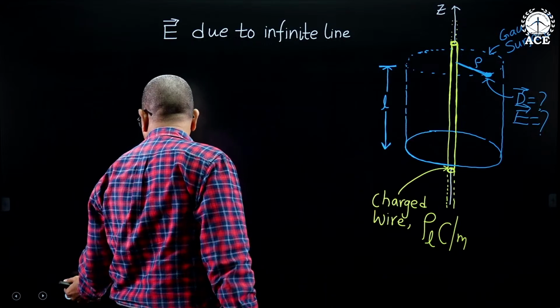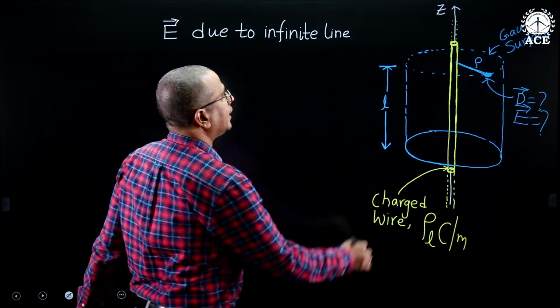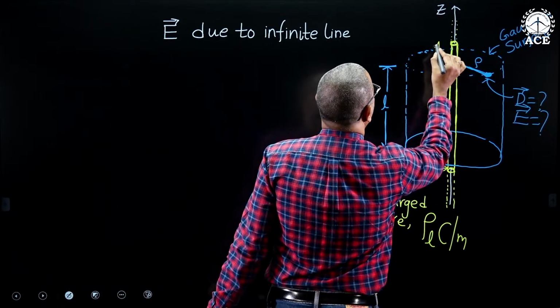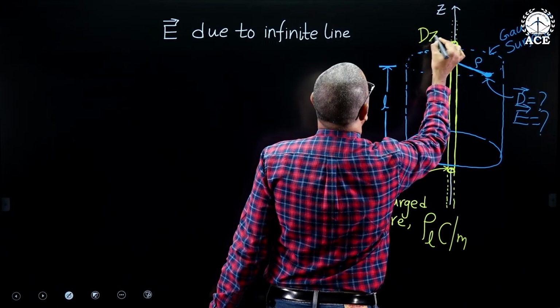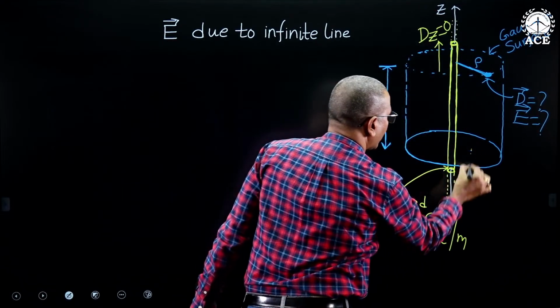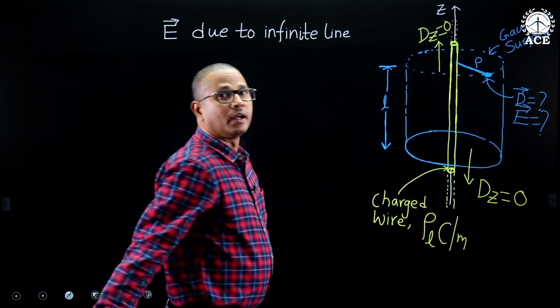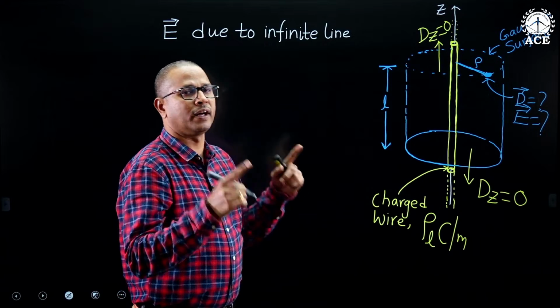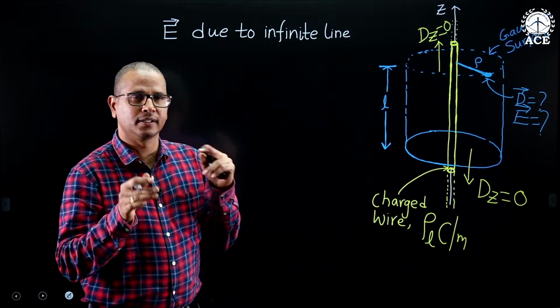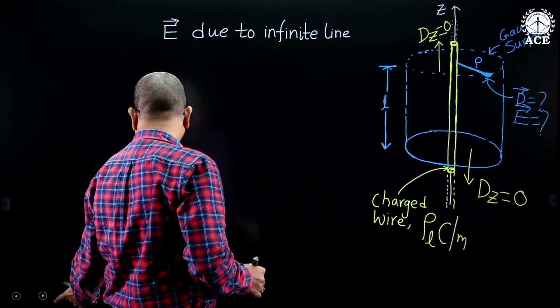Do we have any field tangential to this? No field tangential to this means along the top of the cylinder dz is 0. Bottom of the cylinder dz is also 0. And d phi is anyway 0 because phi and z are tangential to the cylinder. Who is non-zero in this case?